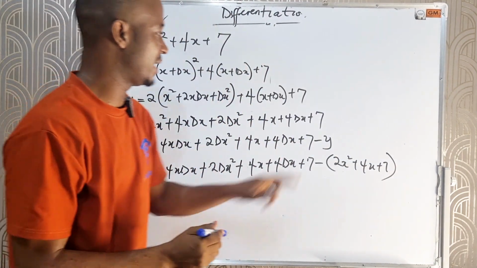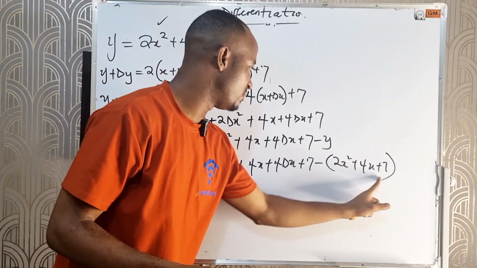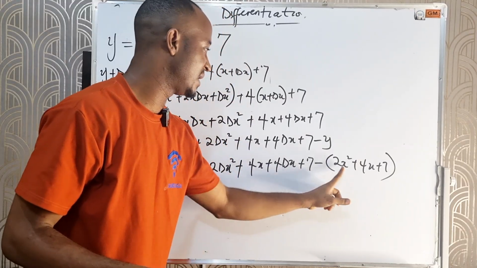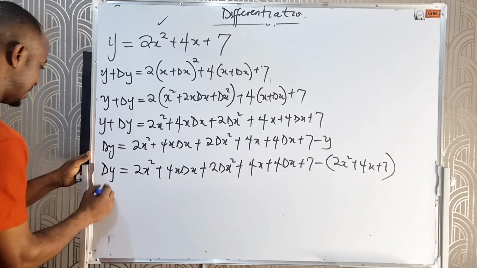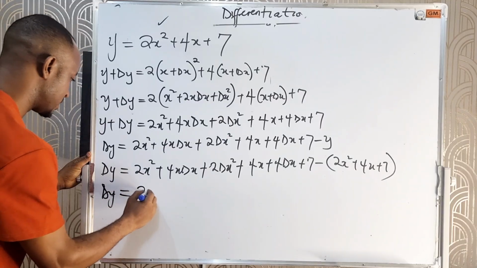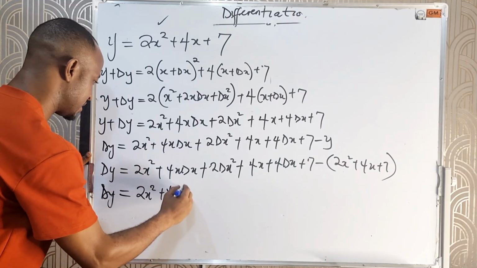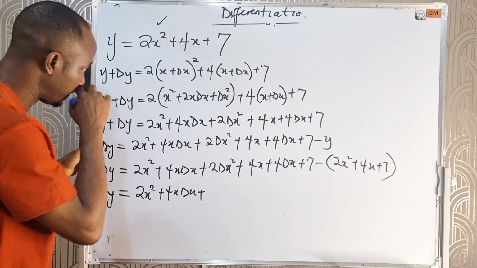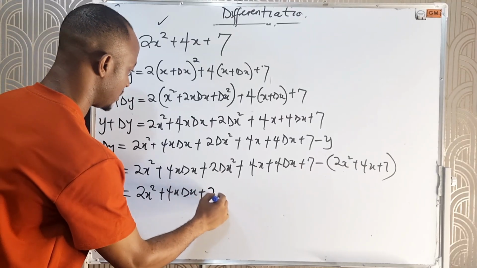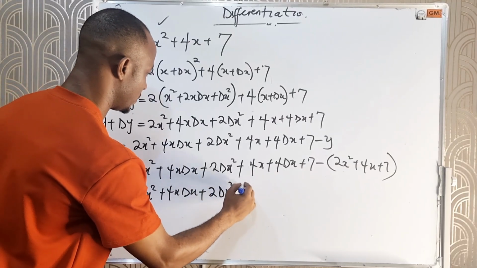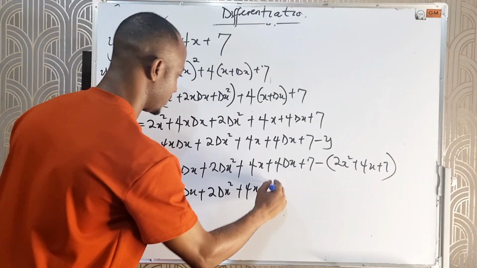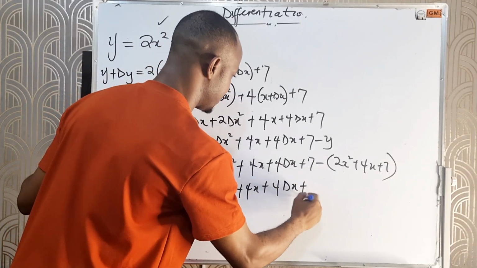Minus y meaning all these values must be in brackets. The minus sign is affecting all of these terms. So my delta y becomes 2x squared plus 4x delta x plus 2 delta x squared plus 4x plus 4 delta x plus 7.